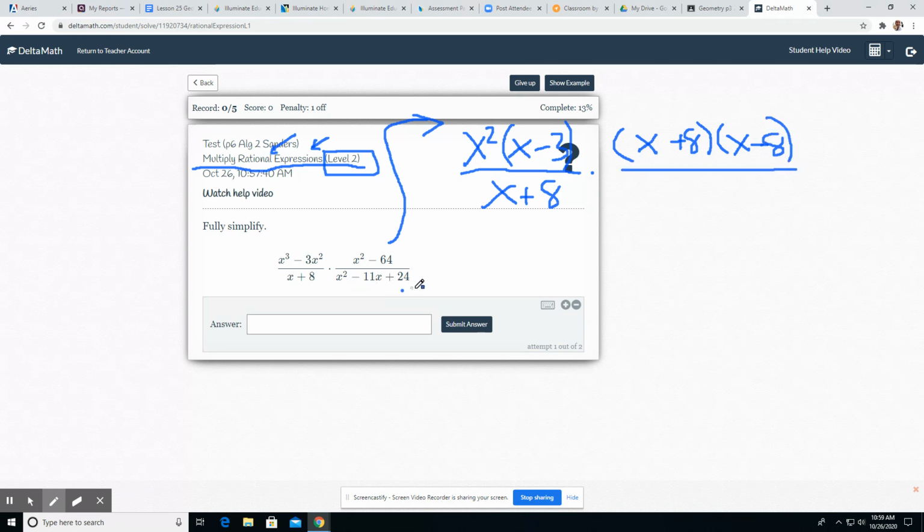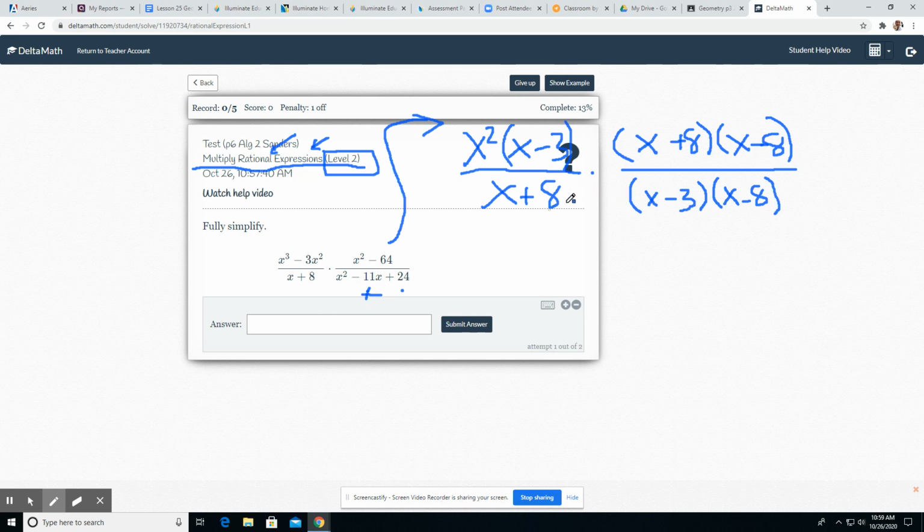What two numbers multiply to be 24, add to be negative 11? 2 and 12, no. 3 and 8, yes, if they're both negative. So x minus 3, x minus 8, and we just want to check. I like just confirming with this. Negative 3 times negative 8 is positive 24. Negative 3 plus negative 8 is negative 11.